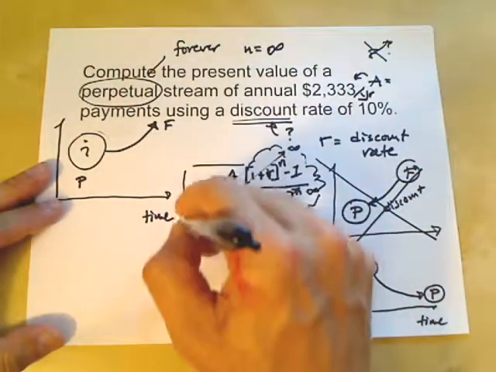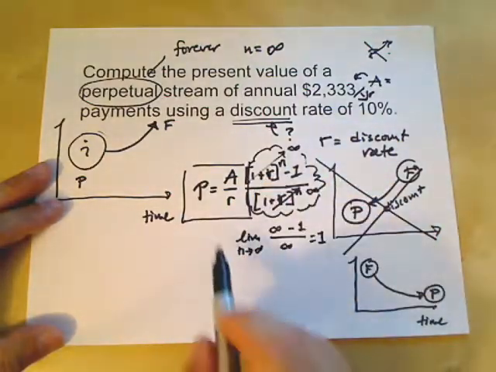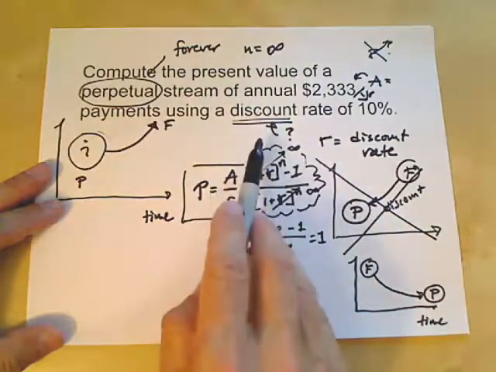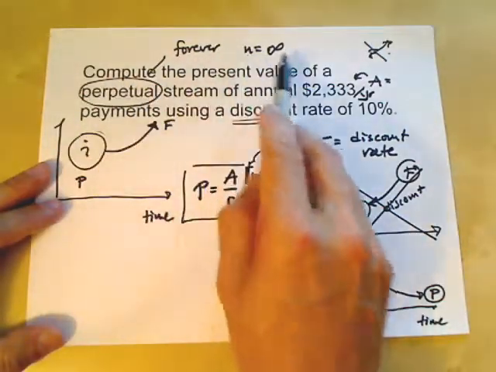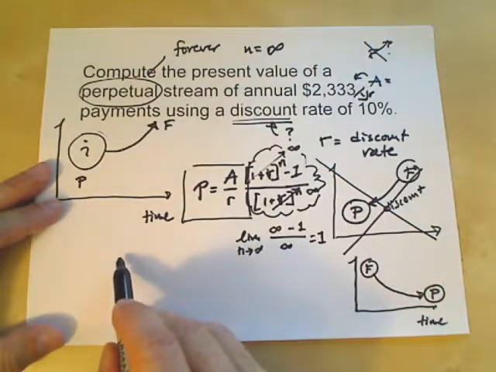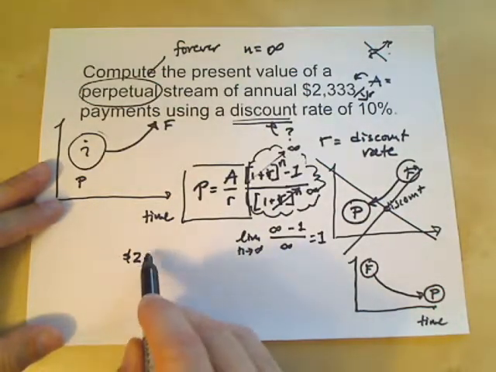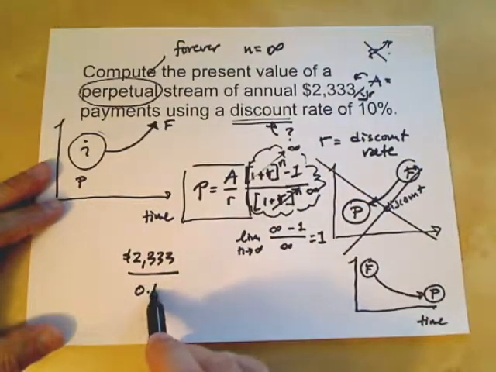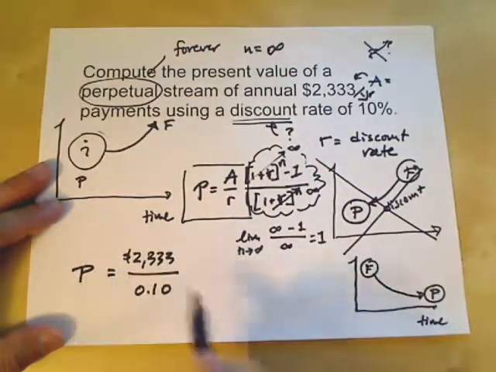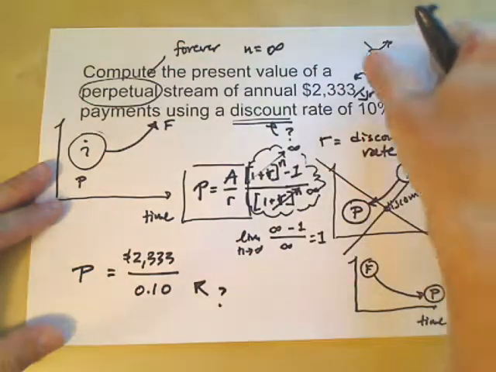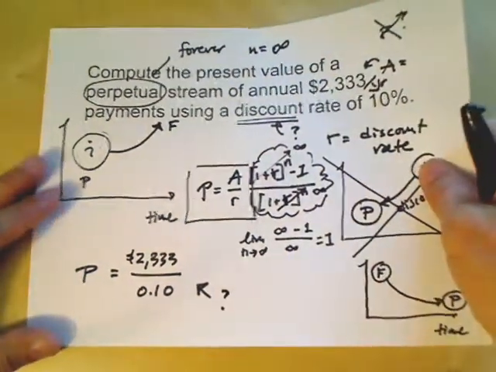The perpetual stream simplifies to P equals A over R. Despite the complications of the perpetual, N equals infinity, and the discount rate, we have the easiest formula yet. A is 2,333. The discount rate R is 0.10. P equals, this one you can do in your head, and there's no reason to put your answer in the comments.